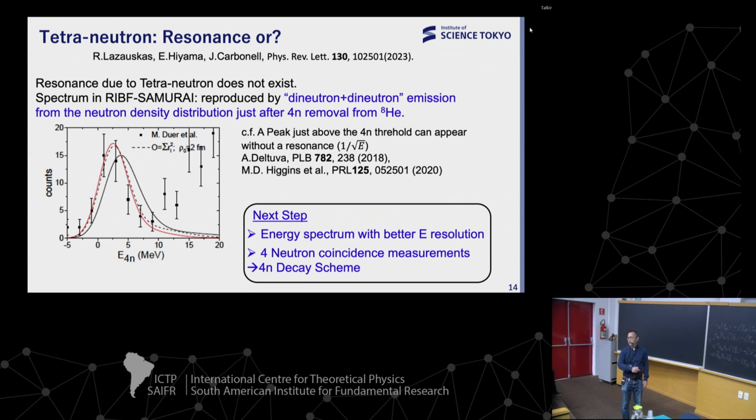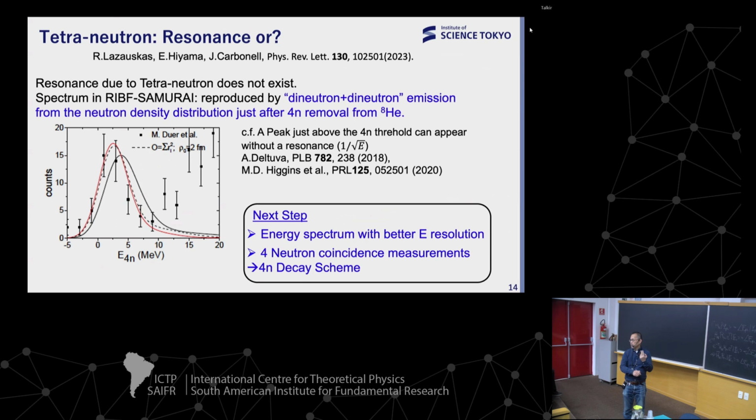And since, as I said, in this measurement we extracted this peak using the missing mass. And we know that a 4 neutron coincidence measurement using invariant mass gives us much better resolution. So this project is now going on, actually.